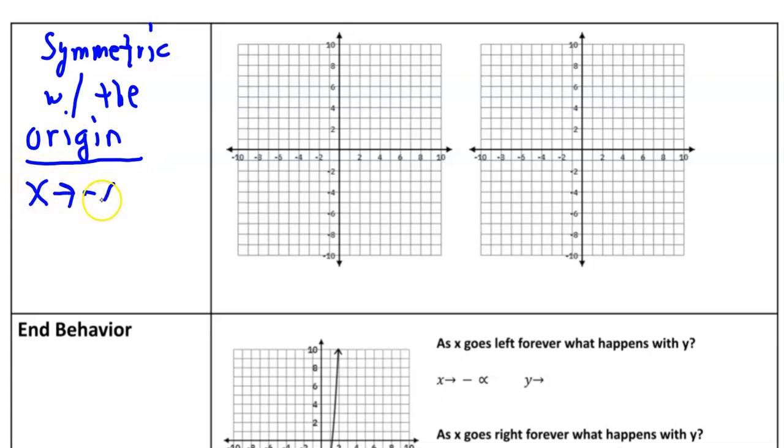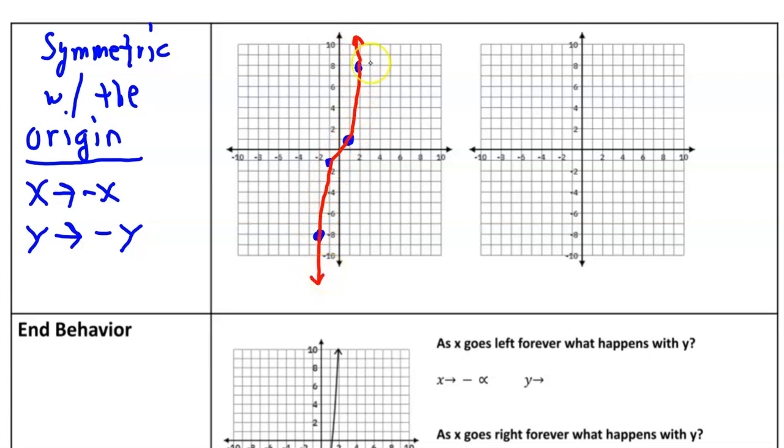X is the opposite of x, and y is the opposite of y. So for example, let's do the cubic one, which is 1, 1, 2, 8, and of course, negative 1, negative 1, negative 2, negative 8. Okay? And we draw our cubic, not cube root, cubic.